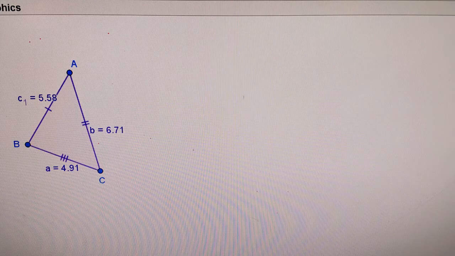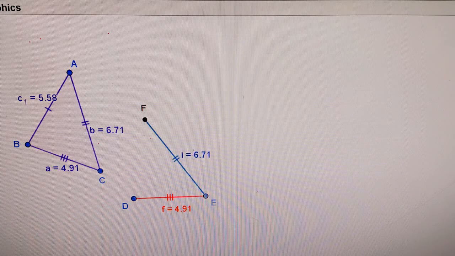Well students, to understand the concept of the test, first we have to draw a triangle. Let's draw triangle ABC and measure the lengths of its three sides. With the same measures, we construct another triangle, triangle DEF, and then compare whether these two triangles coincide with each other or not.